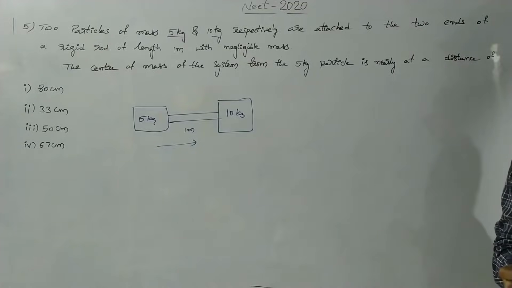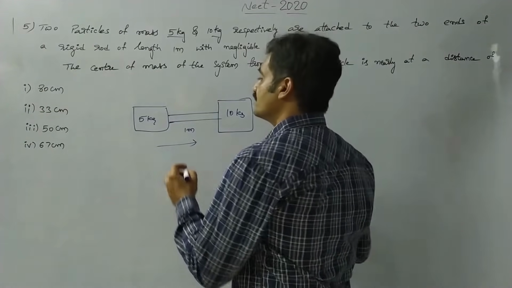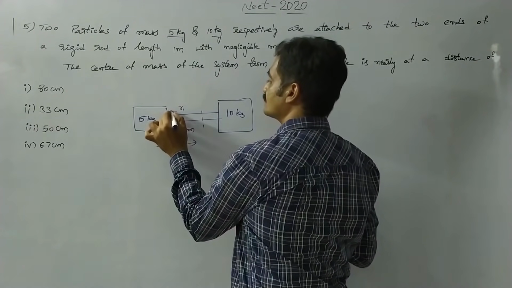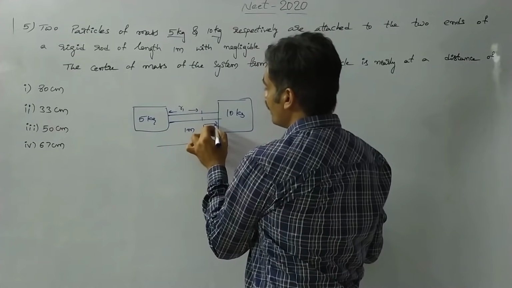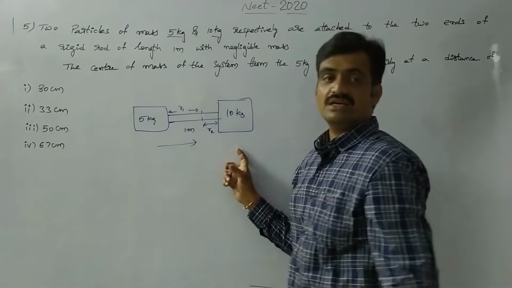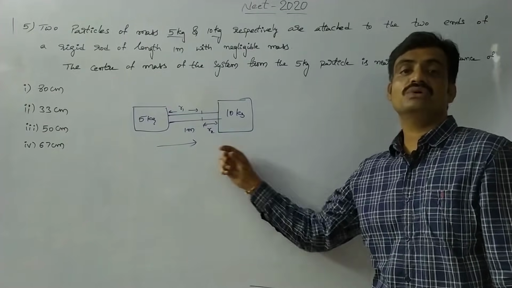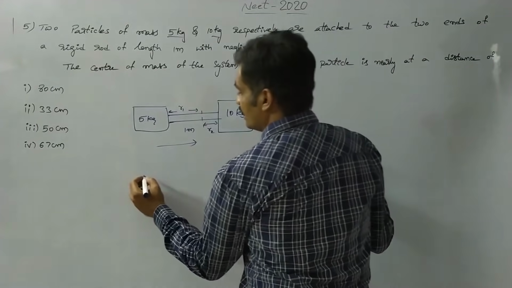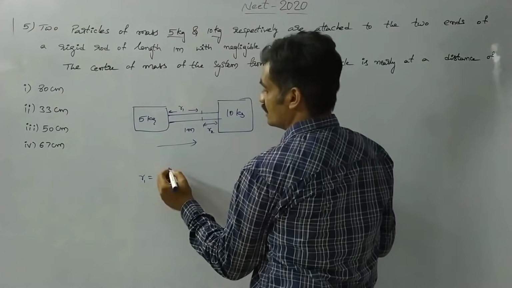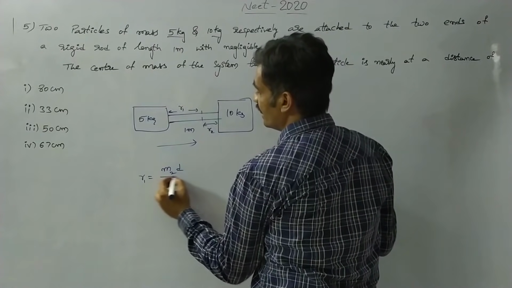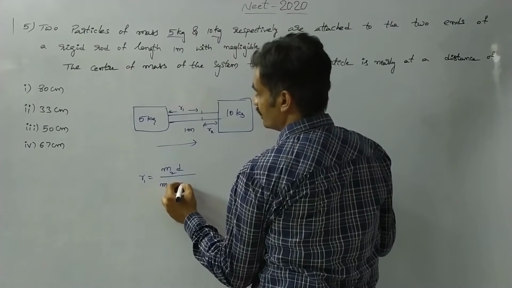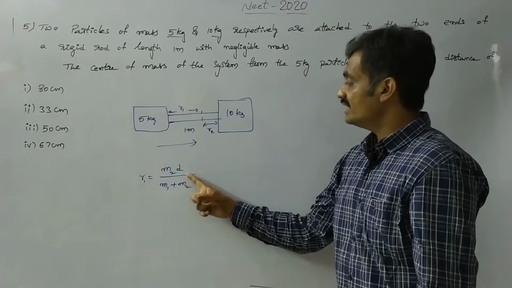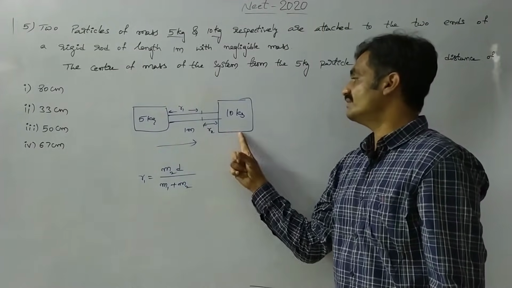In order to represent that, let us consider that the center of mass of the system is at a distance of r1 from the 5 kg and at a distance of r2 from the 10 kg, and we know that the center of mass will be nearer to the heavier mass. So r1 is given as r1 equals m2 d by m1 plus m2, where m2 is 10 kg, m1 is 5 kg, and d is the distance between these two masses.